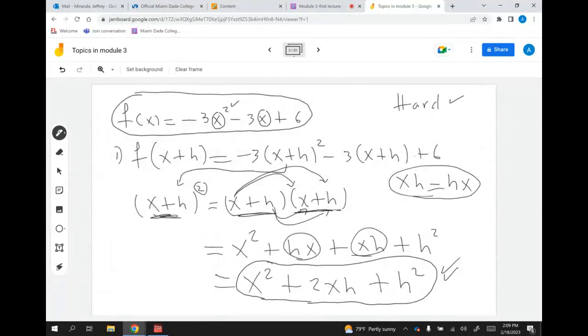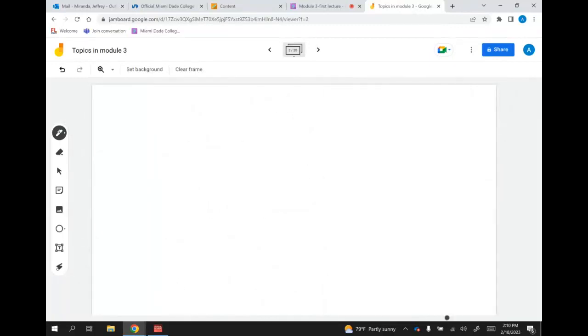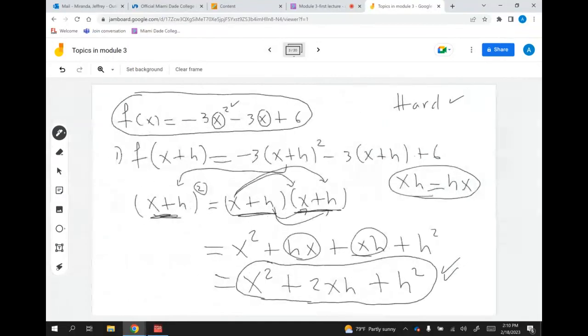So keep this in mind. I'm going to rewrite on the other frame: x squared plus 2xh plus h squared. And by the way, notice that I have not taken this -3 into account. That's a big problem, guys, that I didn't do that. And I'm glad I made that mistake so you can see it.